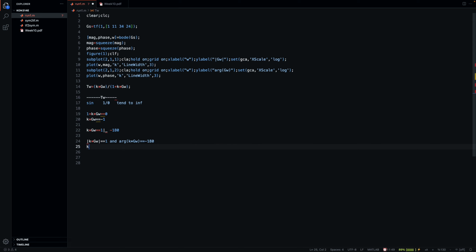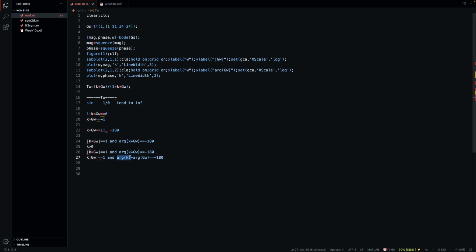Now let's have an assumption that k is positive, and let's look at this. k is going to be a positive k outside of this modulus. If I look at the argument, I know that the argument of a multiplication is going to be the sum of the arguments, so plus argument of g omega.